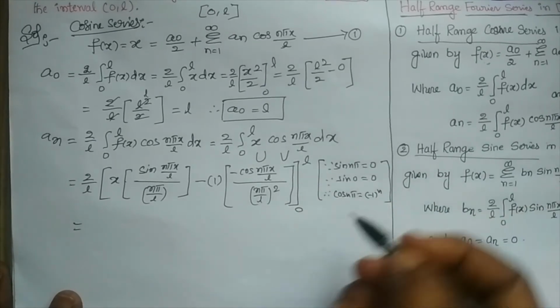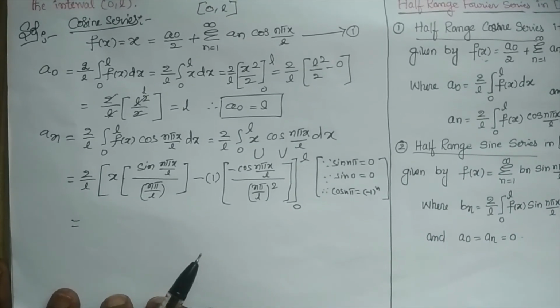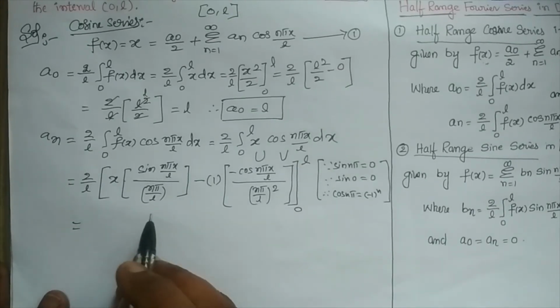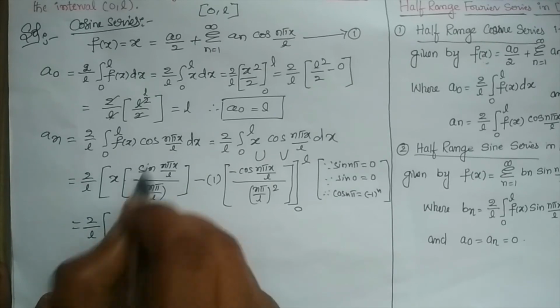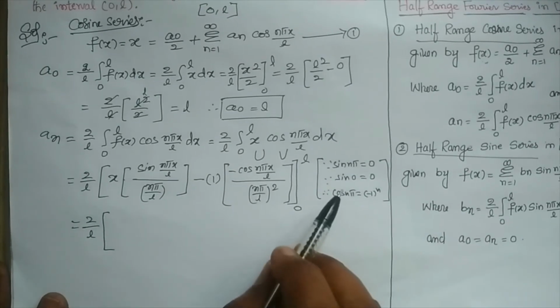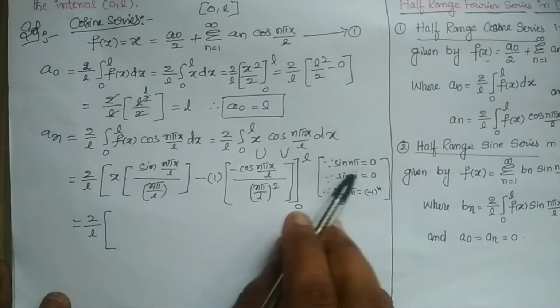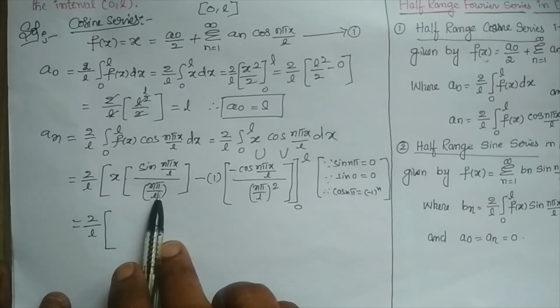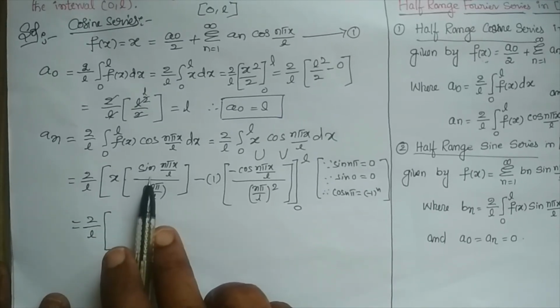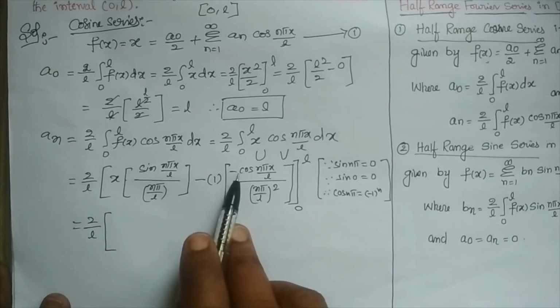In every video I have given these formulas. Please follow my videos, it is very clear. I can neglect this term because after substituting, sin n pi and sin 0 will come in the numerator, and anything by 0 is 0, 0 into anything is 0. That is why I neglect this. I am only taking the other term.